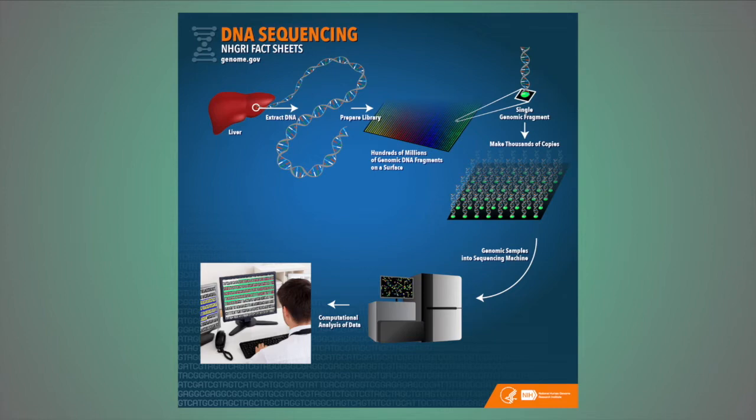So let's step back for a moment and look at the high level. In terms of DNA sequencing, which is essentially the technology that RNA sequencing is built upon, we're looking at the computational analysis of data, specifically what you do in order to normalize between samples.